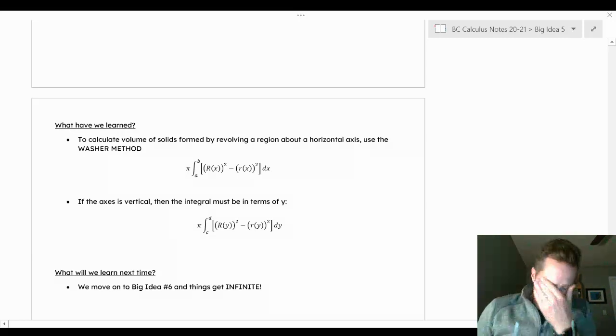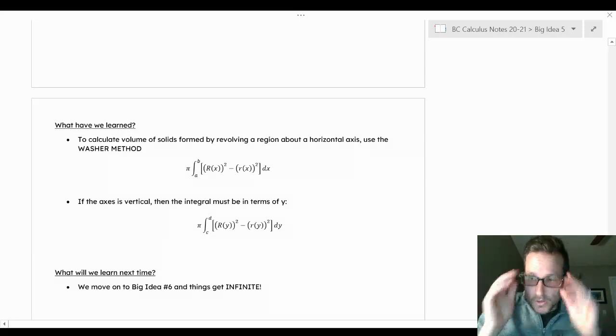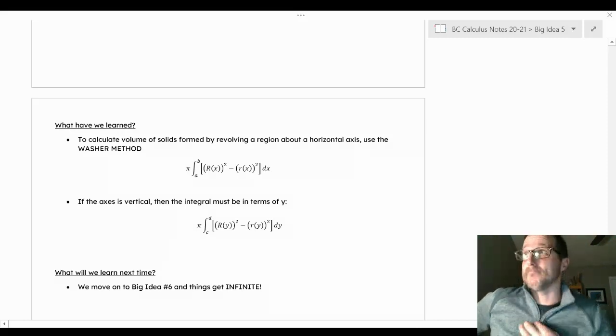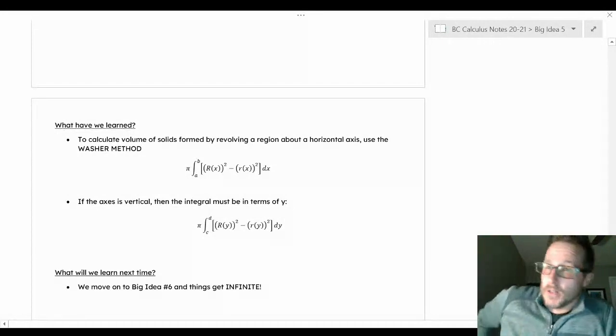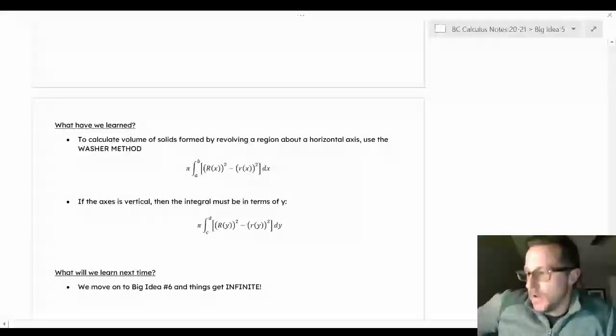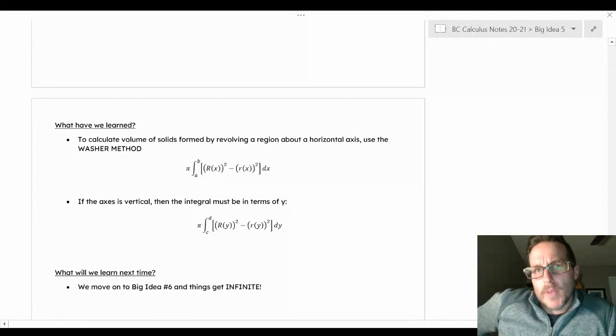Now, to be honest with you, there is another way to find volume. And it's called shell method. And I really wish we had time in this weird school year to talk about it. It's no longer part of the curriculum according to AP. It's 2021 right now.